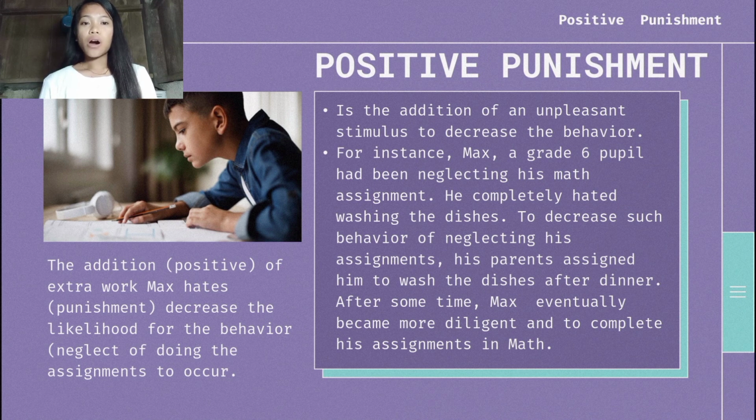So the addition of something is positive and becomes punishment when it adds something that he hates the most. So assigning him to wash the dishes as the punishment for not making his assignment is a positive one, because Max would eventually try to answer his math assignments on time and not neglect them, because if he did, he would eventually wash the dishes again.